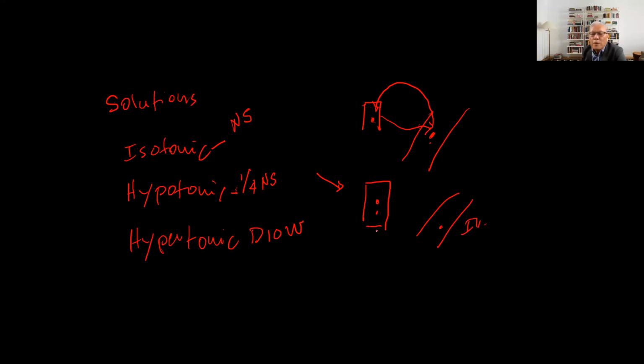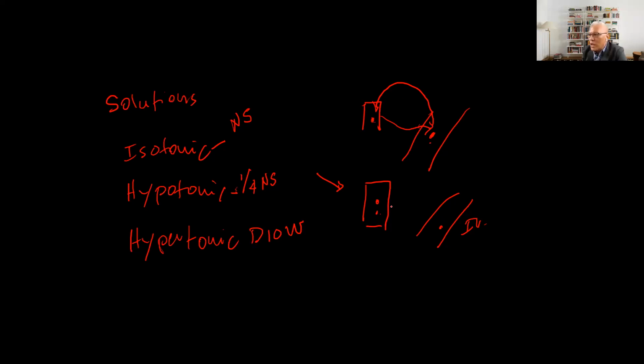So where does fluid go then? Where does the fluid go if you give a hypotonic solution? Does it stay in the vascular bed or does it go to the cell?